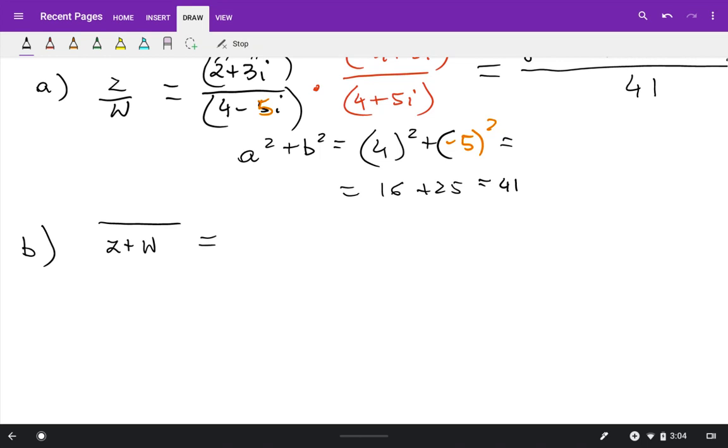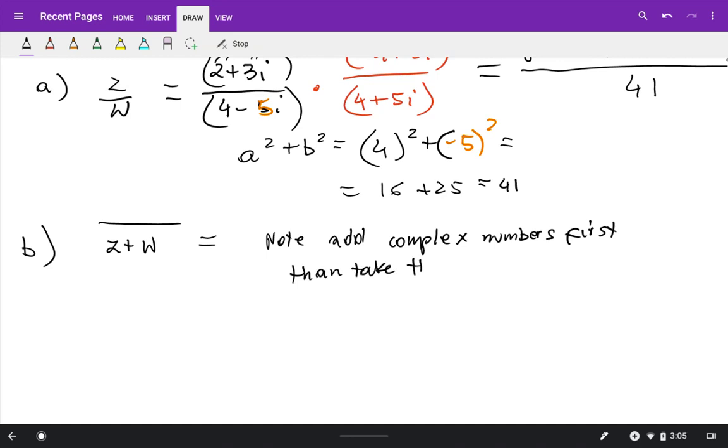So what we're going to do first: add complex numbers first, then take the conjugate of the sum.